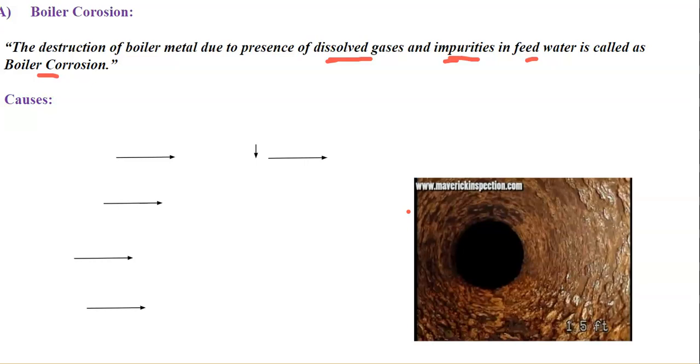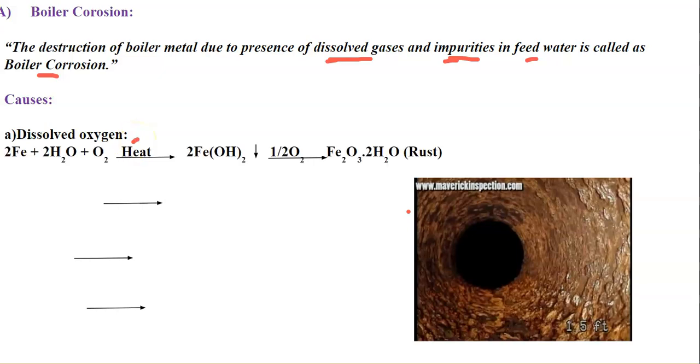So what are the causes for boiler corrosion? First, if it contains dissolved oxygen. If dissolved oxygen is present in the feed water, this dissolved oxygen will react with the metal of the boiler, which is iron, Fe, in presence of H2O, water, and we are heating the boiler for generating steam.